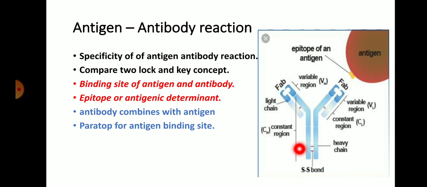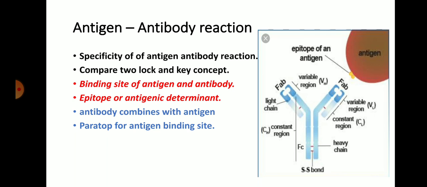The Fc region is the fragment crystallizable, which binds to the receptors of the cells, and the Fab region binds to the epitope of an antigen. So the binding site of the antigen is the epitope, which binds to the paratope, the binding site of the antibody. Whenever antigens invade our body system, antibodies trigger the reaction and formation of the immune complex.